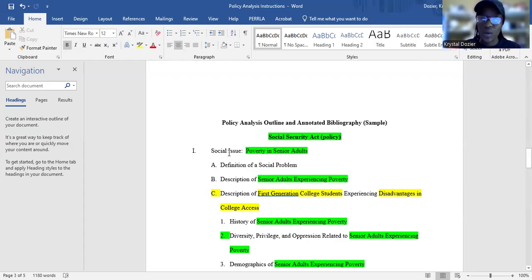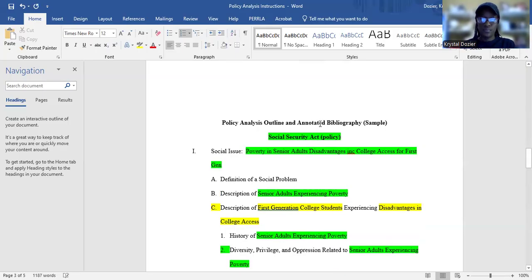Then we go into the social issue. You're going to identify what that social issue is in your target population. And so for my example, I put mine in yellow so you can see.